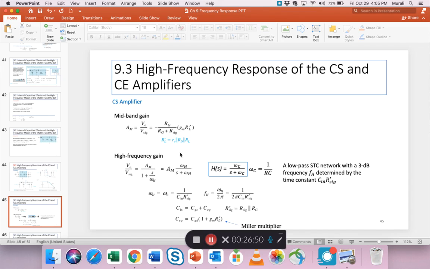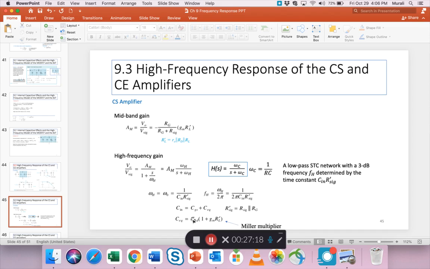Alright, so you remember all these formulas to find the midband gain, the high frequency gain, and the cutoff frequency. The cutoff frequency depends on R and C. R is not just one R, but the parallel combination of many things. Similarly, C is not one C, it's the parallel combination of a few capacitances.